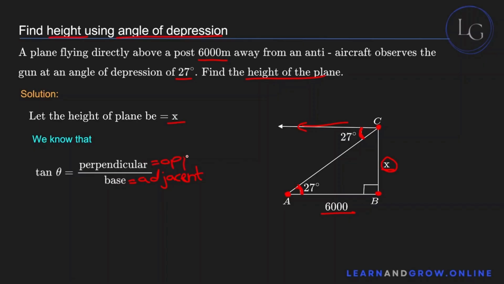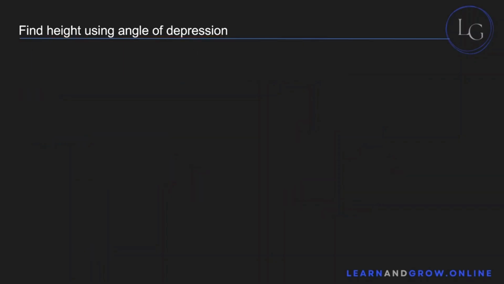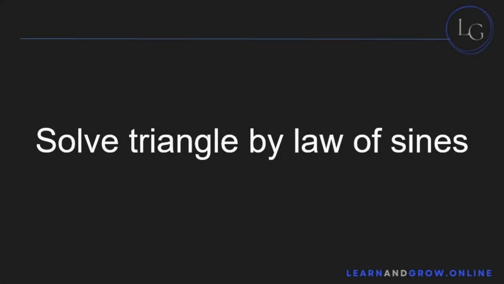The perpendicular is also called the opposite. So now, it's x over 6,000 and theta is 27, right? So now you can find x by simply solving this, and that gives you tan 27 times 6,000, which is equal to 3,057.15 meters, and that is the height of the aircraft from the ground.